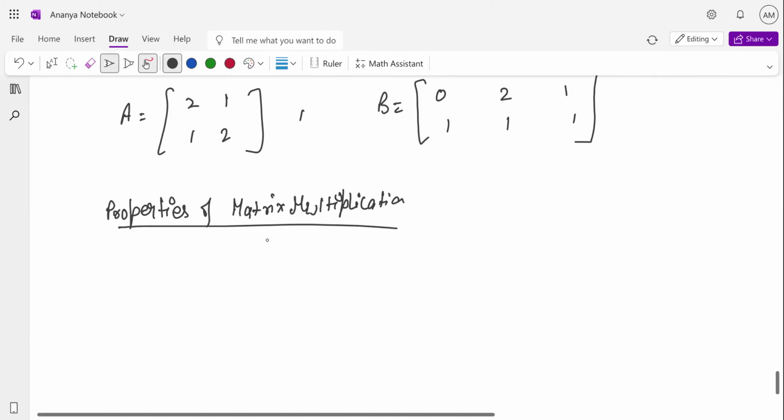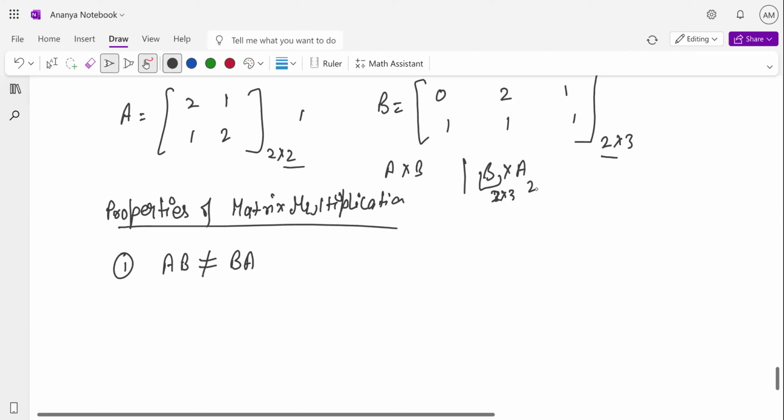The first property is that A into B is not necessarily equal to B into A. Is that clear? The reason behind this: for example, take this one, 2 into 2, but here you have 2 into 3. You can do A into B because these are the same. But if I reverse it, B into A, it is 3 into 2 into 3, and it is 2 into 3.